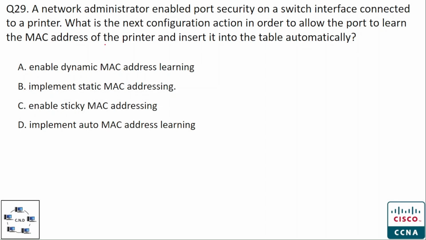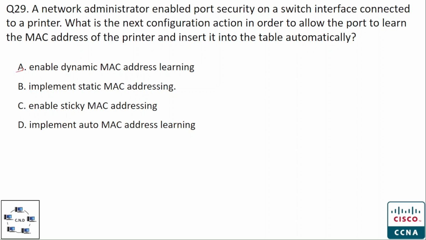Question number 29. A network administrator enabled port security on a switch interface connected to a printer. What is the next configuration action in order to allow the port to learn the MAC address of the printer and insert it into the table automatically?